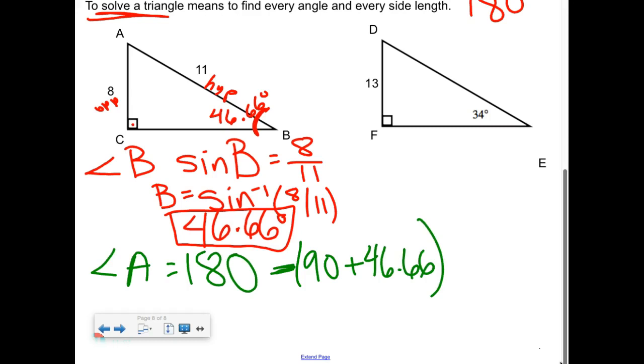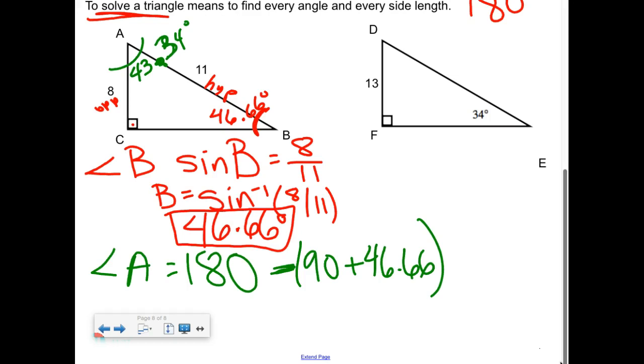So I'm going to take 180 minus 90 plus 46.66. I'm just going to write it up here to help us again stay organized. I'm getting 43.34. That's an ugly looking 3. Okay, everyone's okay with that. All right, so now we have all three of our angles.